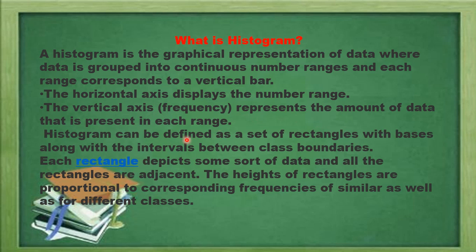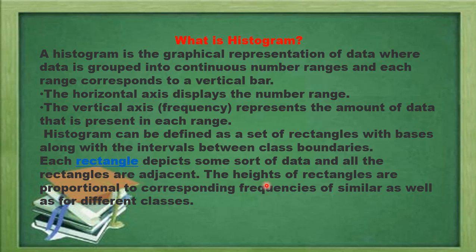So we can say that a histogram can be defined as a set of rectangles with bases along the intervals between class boundaries, and each rectangle depicts some sort of data, and all the rectangles are adjacent. This is the important point: all the rectangles are adjacent.